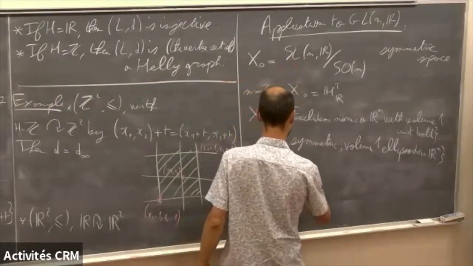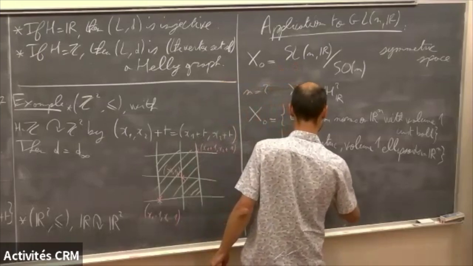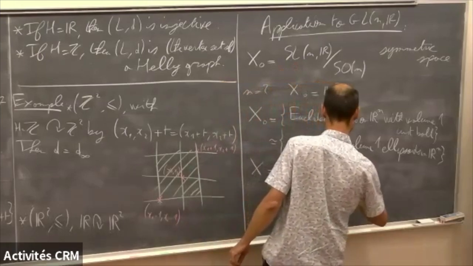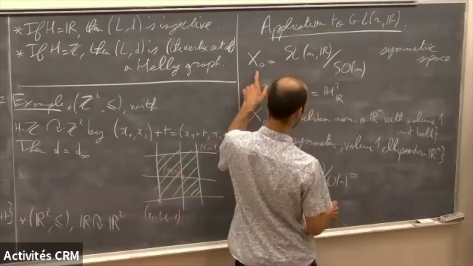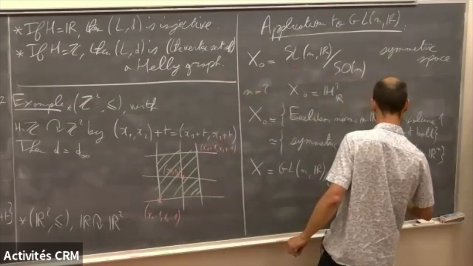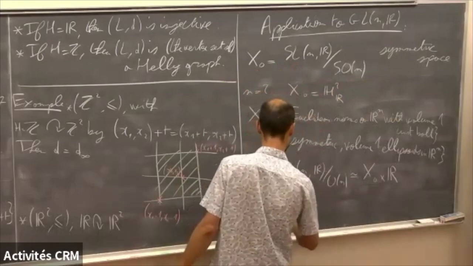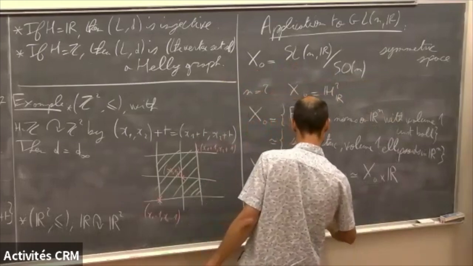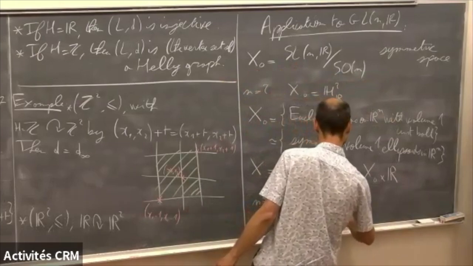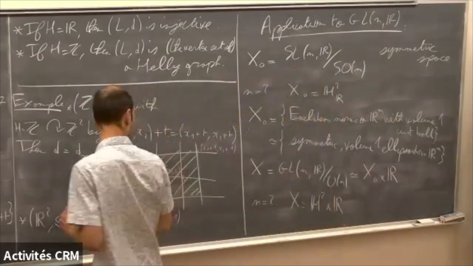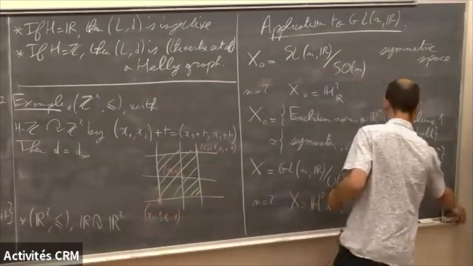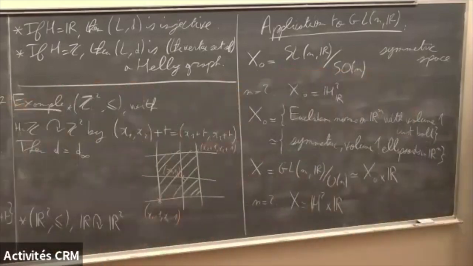I will take X = GLn(R) mod O(n), which is nothing more than the direct product with R. So in case n is equal to 2, this is just H2 times R.